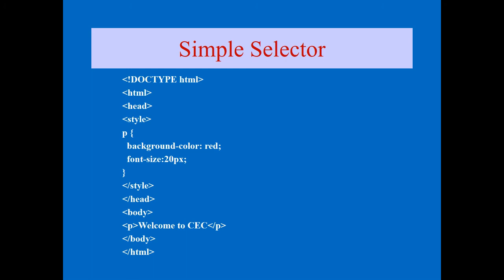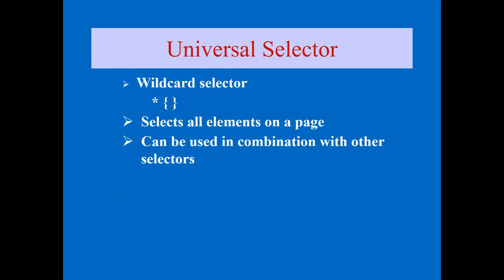And the last one, like a simple selector, is the universal selector, another way we can say the wildcard selector. Here the symbol is the star symbol and the curly bracket. This selector selects all elements on a page. Whatever elements you write, this impact is there, and it can be used in combination with other selectors also.